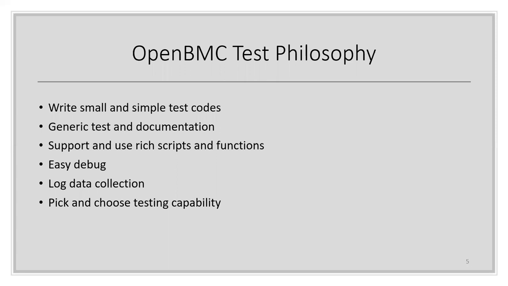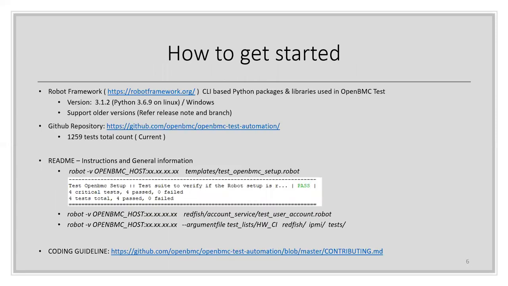So now, to get started with OpenBMC test, we have been using the Robot Framework. At some point, we looked around at what is available, stable, and has good community support, and matches the philosophy we have, which matches our aspiration.